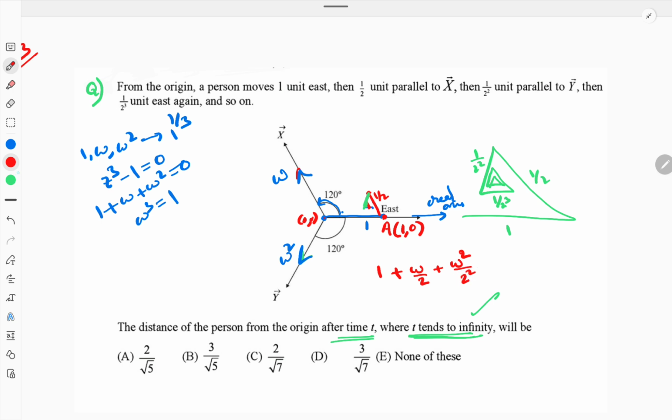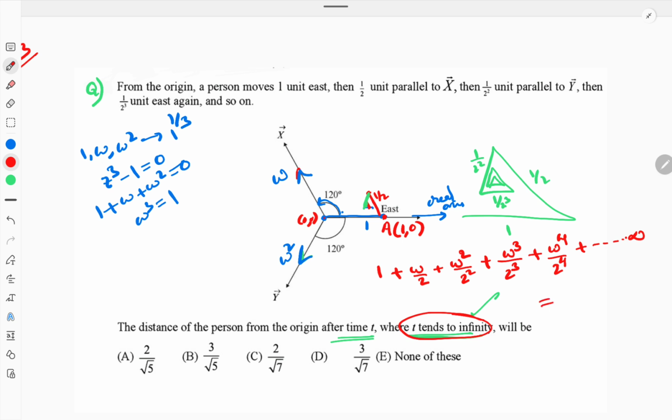And then again in the east direction, he moved 1 by 2 cube units, which without loss of generality can be written as omega cube by 2 cube. And then again in the direction of omega, 2 power 4, which you can take as omega power 4 by 2 power 4, and so on. This series goes to infinity.